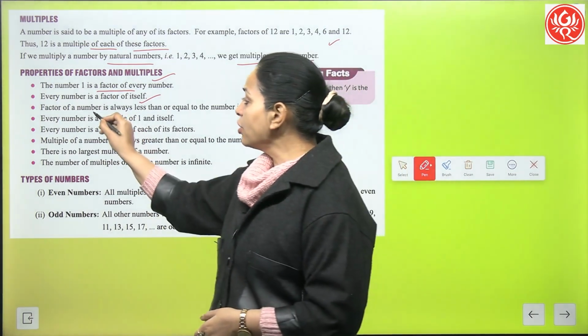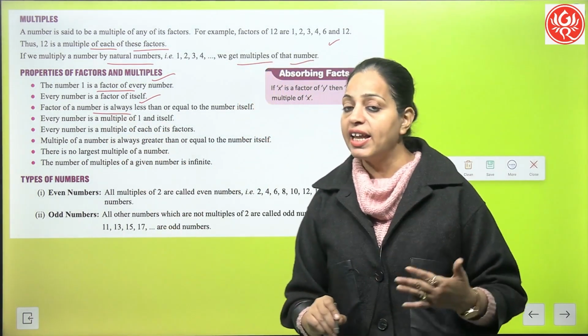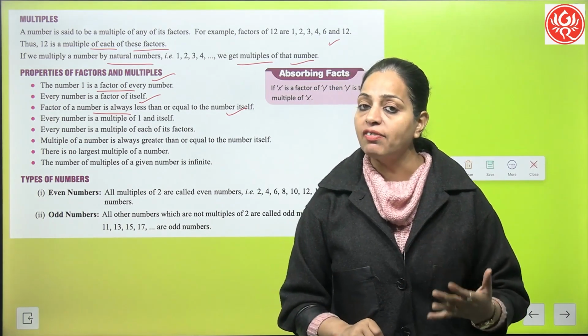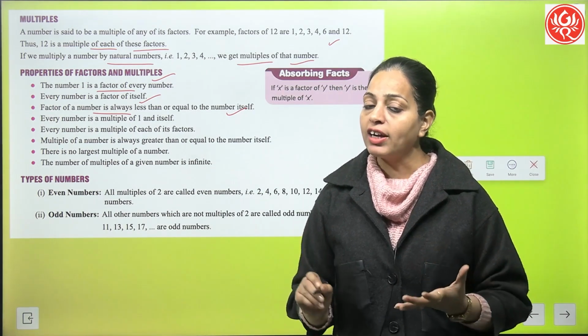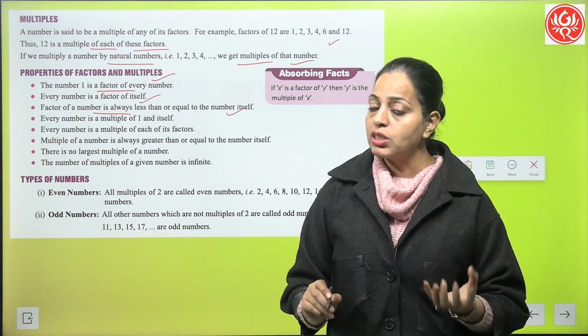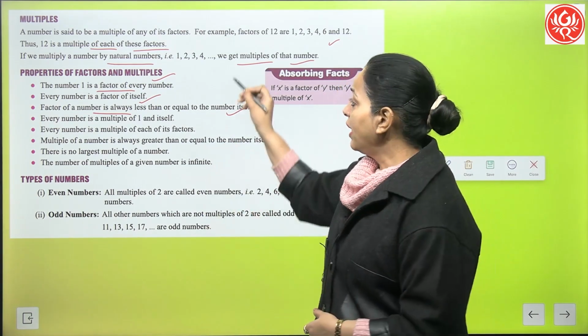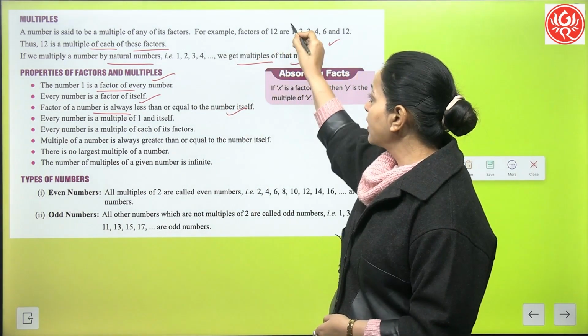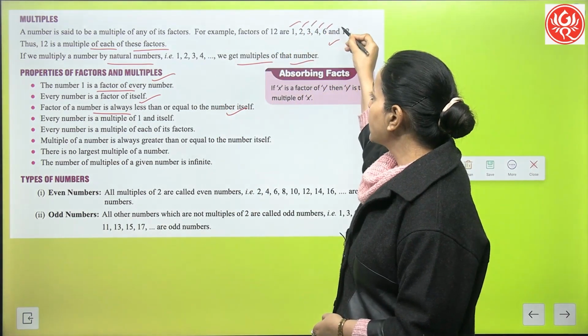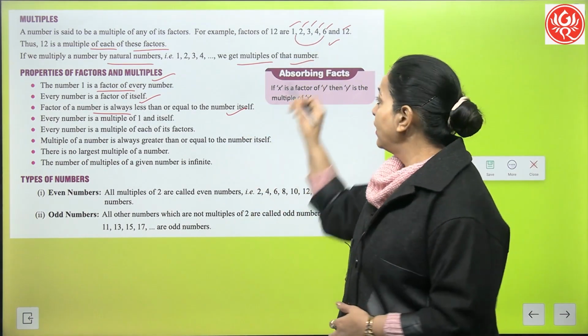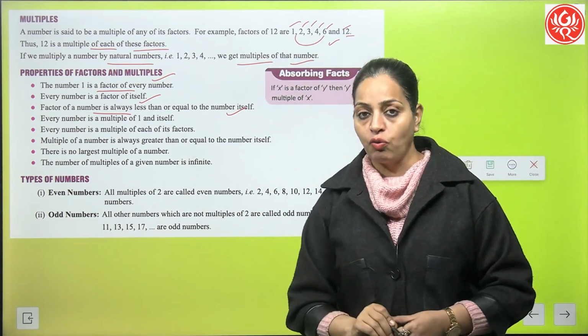Okay, and a factor of a number is always less than or equal to the number itself. किसी भी नंबर के जो फैक्टर्स होंगे वो या तो उससे स्मॉलर होंगे या फिर उसके इक्वल. Like here we know 12's factors are 1, 2, 3, 4, 6 and 12. These all are less than 12 and this is equal to 12.